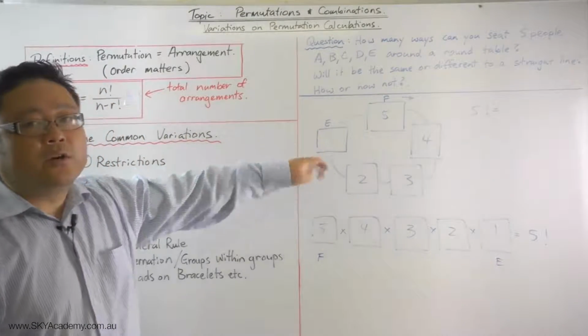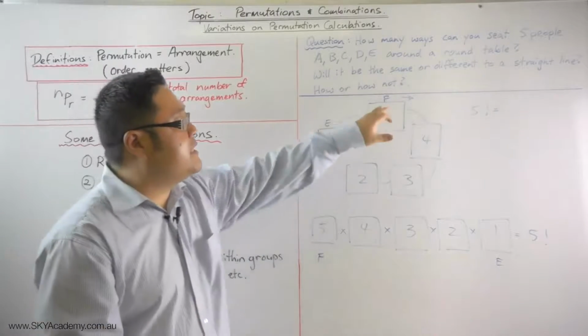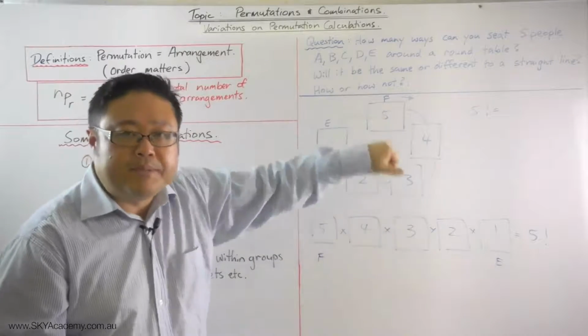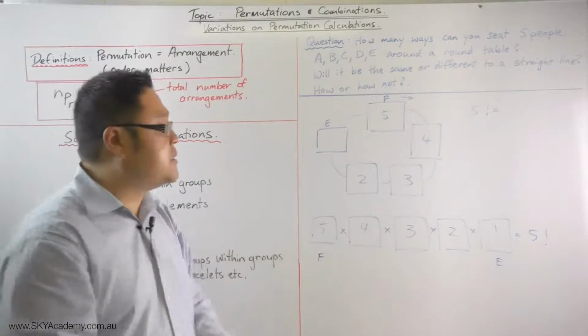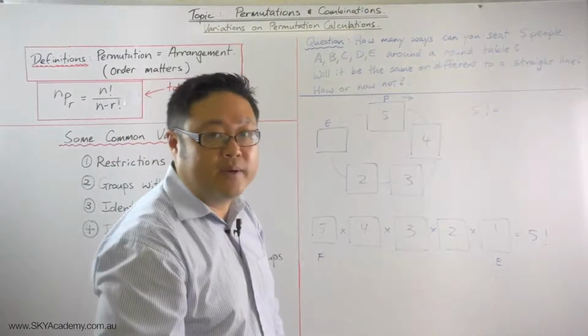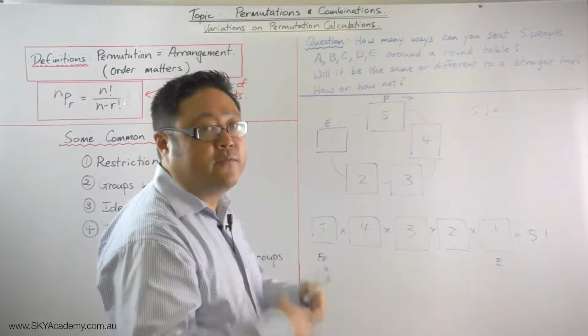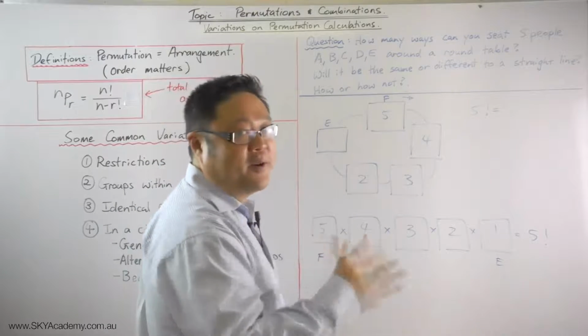However, in a circle, there is no front and there is no end. It's a circle. It keeps going forever. It's an endless loop, just like my video tutorials feel like on a bad day.